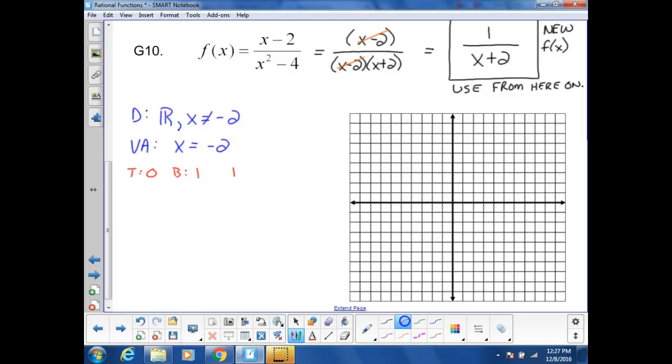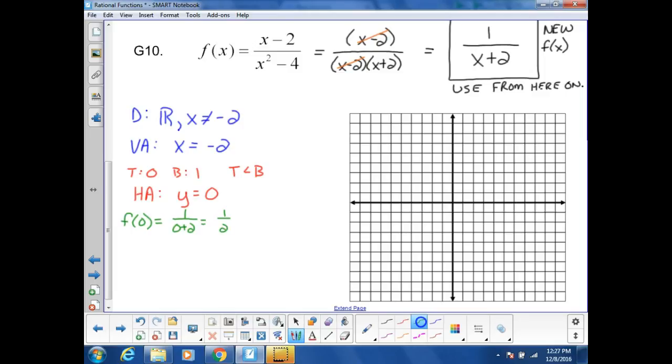That tells me that top is less than bottom, so my horizontal asymptote is y equals 0. F of 0 is 1 over 0 plus 2, which is 1/2.